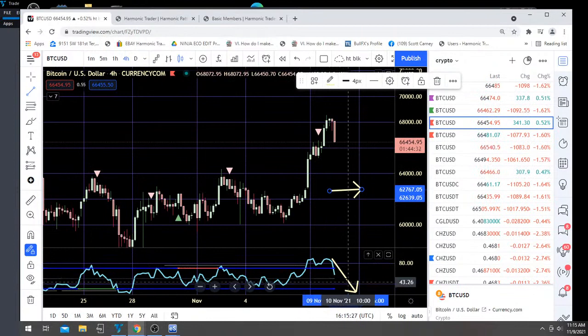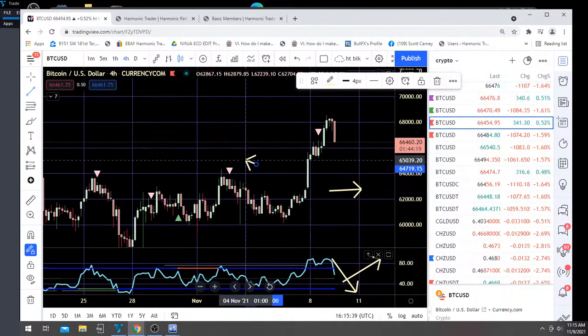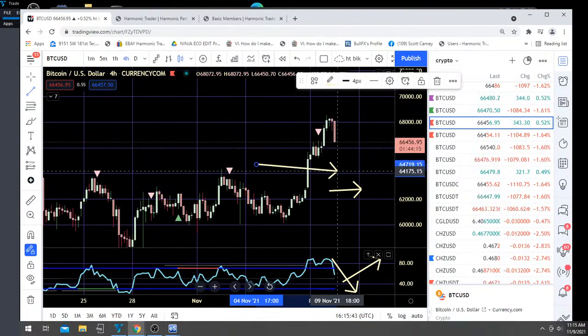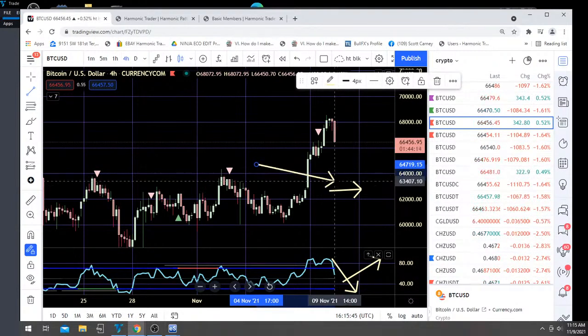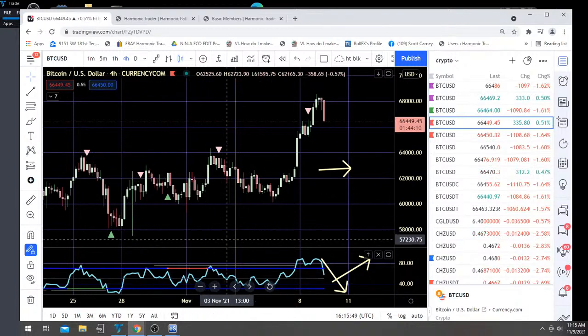Probably with this rollover right now, you're going to see this go into maybe a 1-2 day pause and come back down to the other side, and then do the return back up. Maybe by Friday.